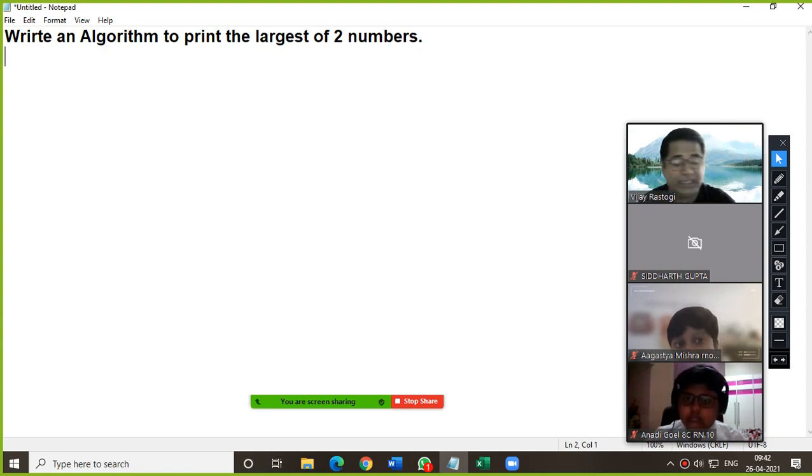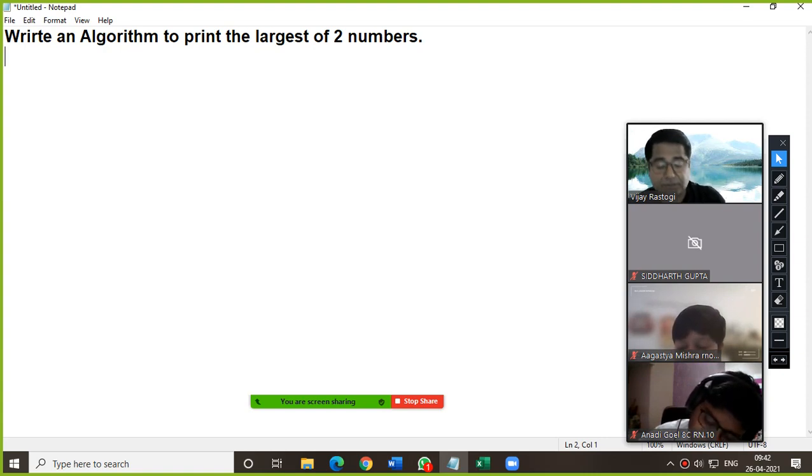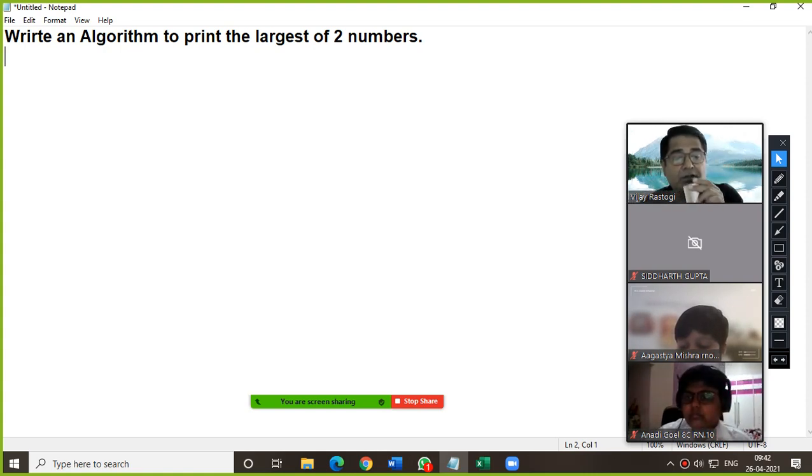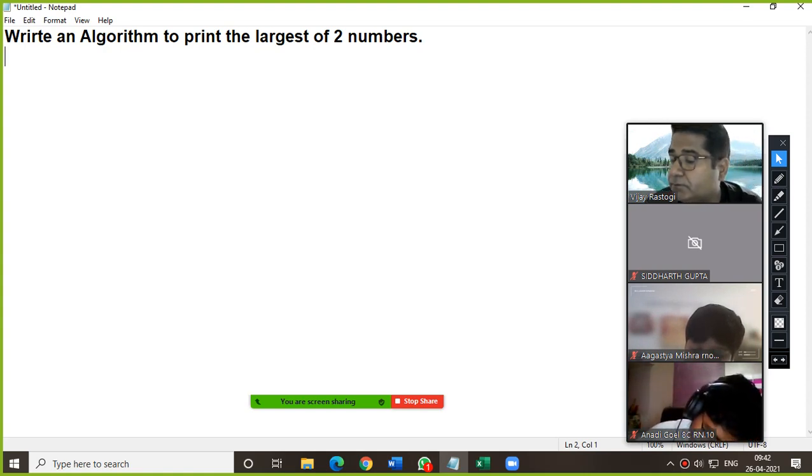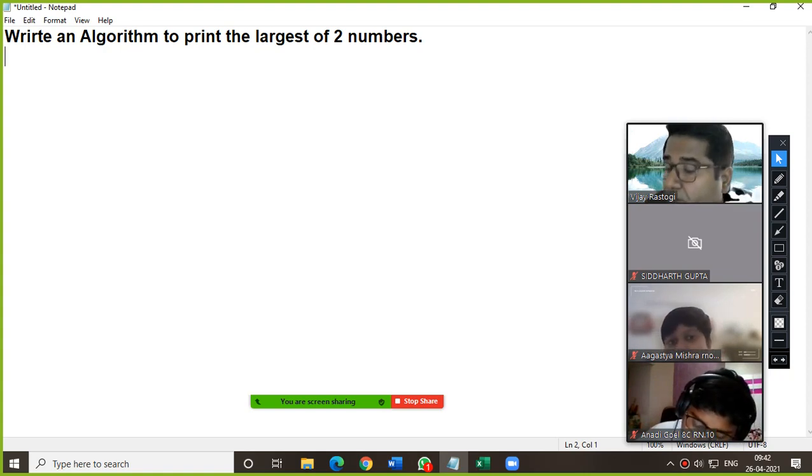You can copy the question with pen in the notebook, but the solution you need to write in pencil. Those who are using a computer can directly type and post in the GCR. Please do it fast, everybody. And take your time, don't be in a hurry.